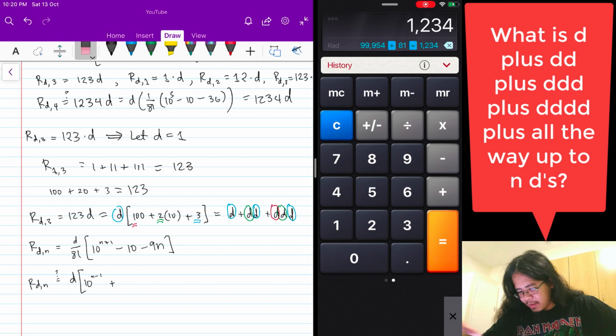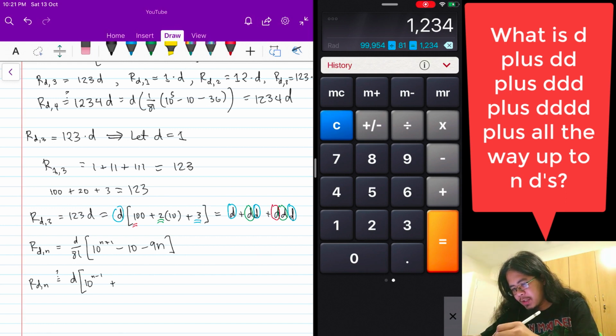I'm trying to recreate the pattern here above, up to n minus 1 up to n, plus blah blah blah. Shucks, I'm in eraser mode, sorry.